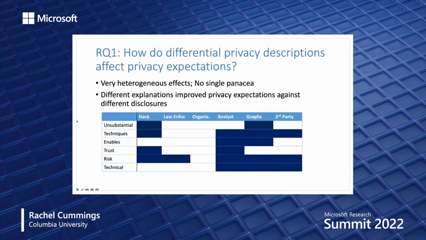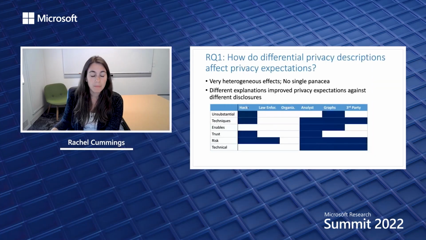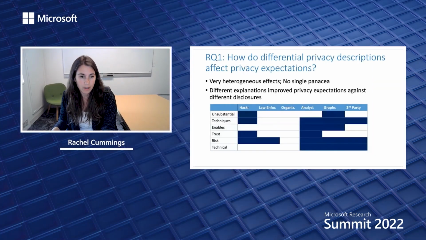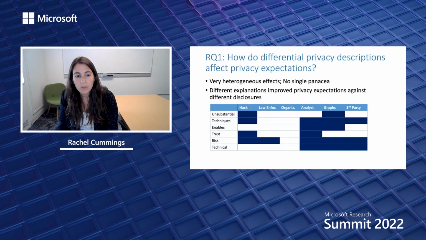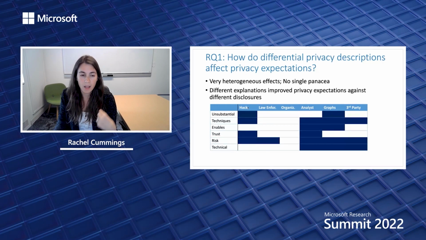And so this table shows, for each of the possible privacy descriptions and for each possible disclosure, was there a significant effect in terms of people's expectations of improved privacy relative to a no privacy baseline.